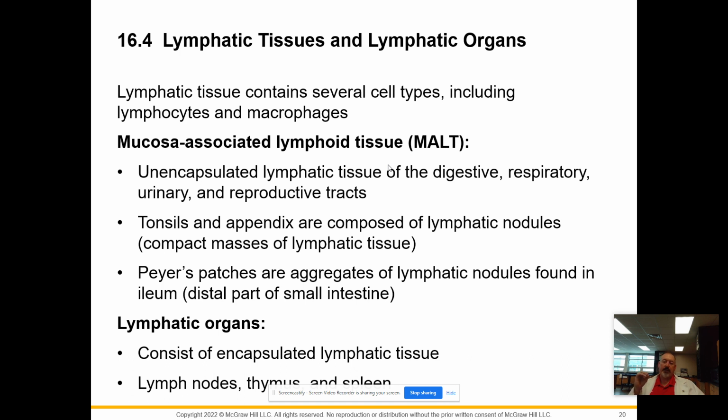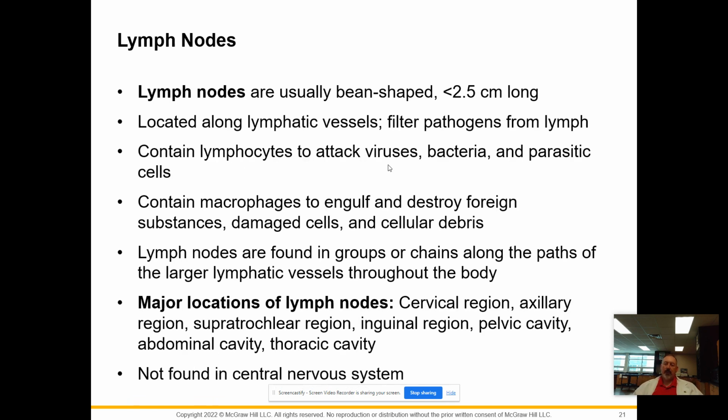But then we get into something that's more specific, anchored down, and that is the encapsulated, and that is the lymphatic organs. Lymphatic organs are the lymph nodes, the thymus, and the spleen. Let's take a look at what a lymph node is. A lymph node is oftentimes about an inch in size.